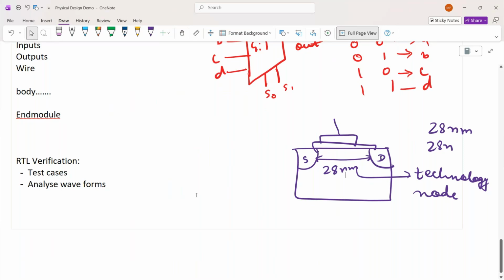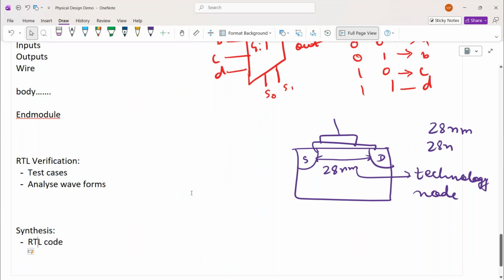So next is what? Next we are doing synthesis. What does synthesis do? It converts RTL code. I will precisely write.